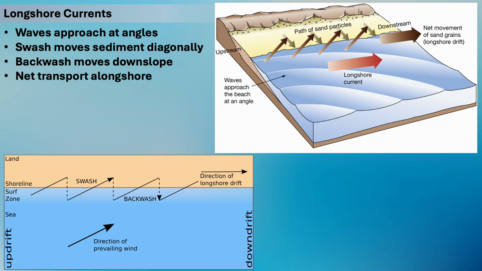After the swash loses momentum, gravity pulls the water back downslope. This return flow is called backwash, and it generally moves straight down the steepest slope, perpendicular to the shoreline. You can see the swash and backwash labeled in the image on the left.